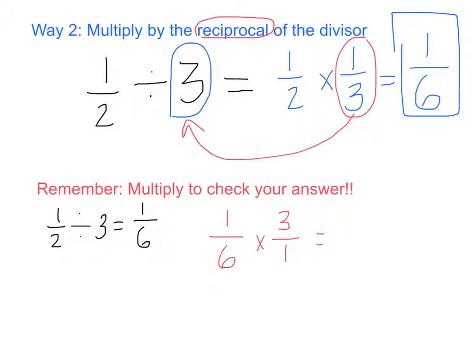Should equal 1/2. Let's see if it does. What's 1 times 3? 3. What's 6 times 1? 6. Does 3/6 equal 1/2? Yes. Does this prove that our answer is correct? Yes. Good. So how much of the pizza can each friend have? 1/6 of the pizza. Okay.